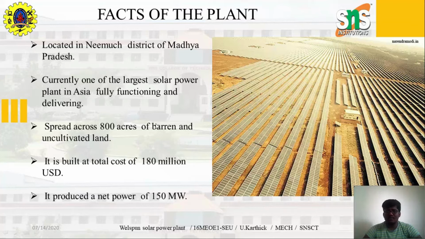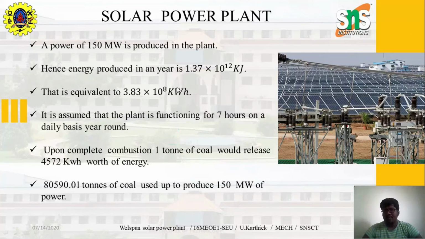The cost of the plant is around 180 million US dollars, and it produces around 150 to 151 megawatt of power. So in this power plant, how much energy is produced per year?